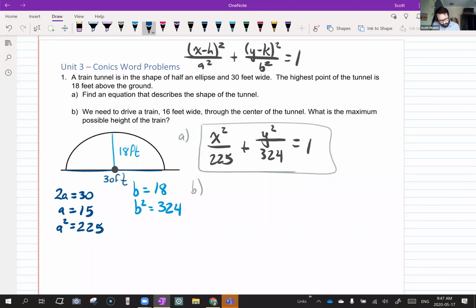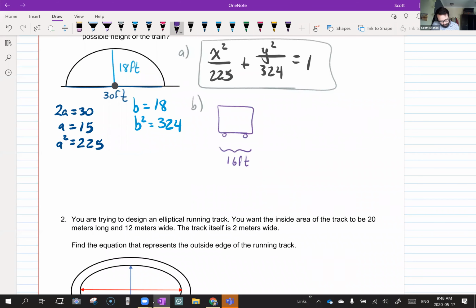We have this train, which is 16 feet wide. And I guess what we want to do is drive it through the tunnel. So we're saying we want the train to be able to fit like that at the maximum possible height. So I'm just going to draw a quick sketch because it helps me think.